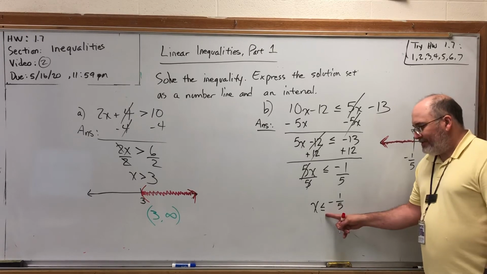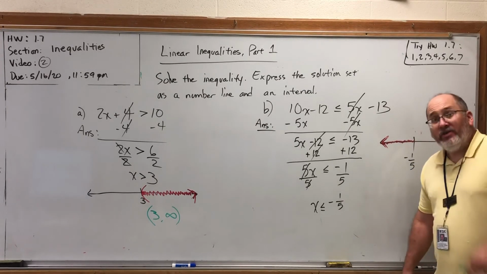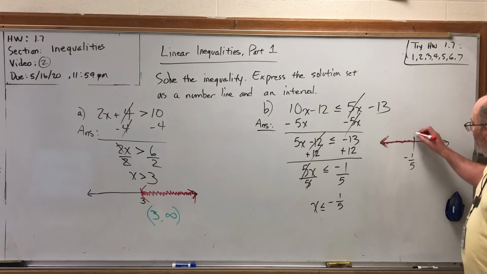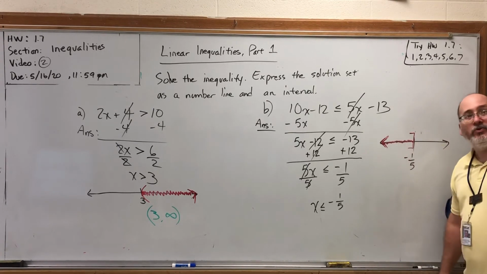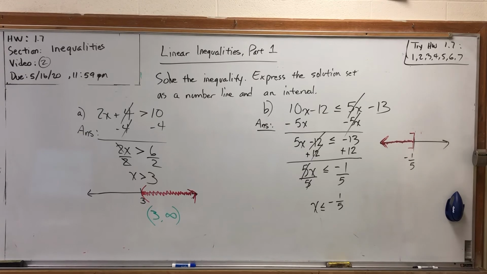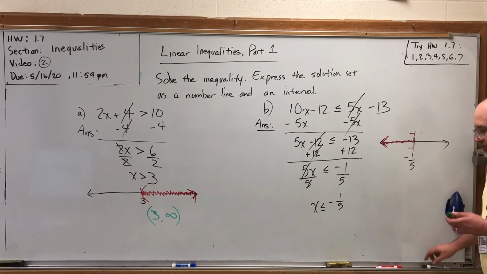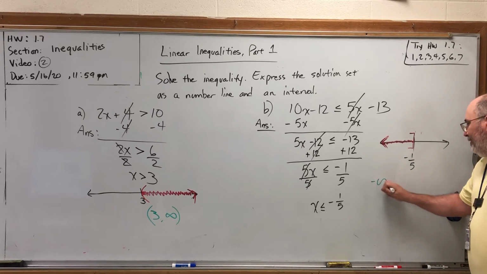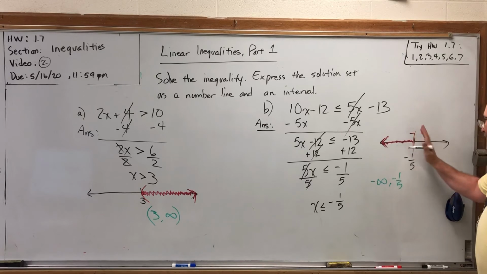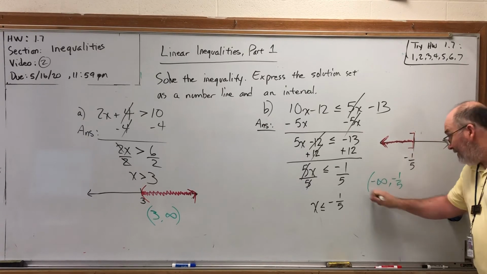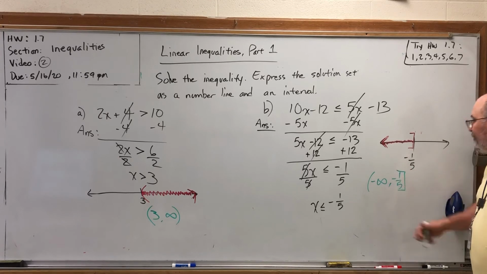Well, it says less than or equal to, so it's okay if it's equal to negative 1/5. We want to include it, which means we use a bracket. It would be a closed bracket because it has to open towards the left. And so our interval from left to right, don't forget, forever to the left is negative infinity, comma, negative 1/5. It's always left to right. Infinities always get parentheses, but this negative 1/5 got a bracket.